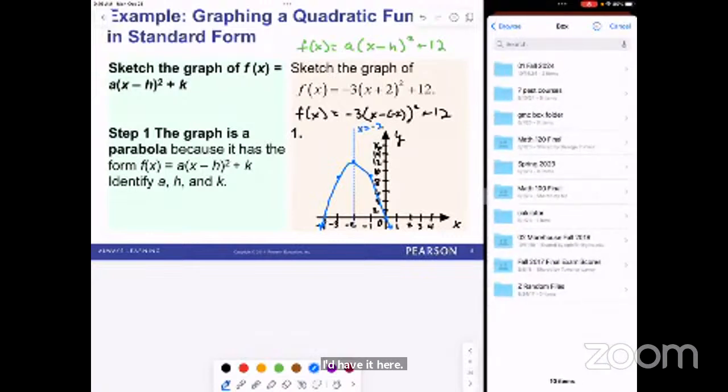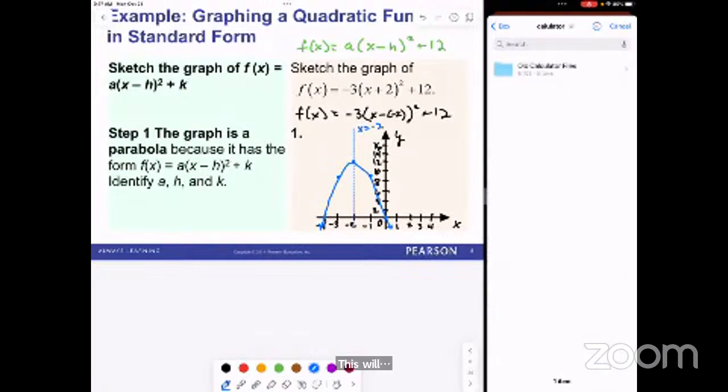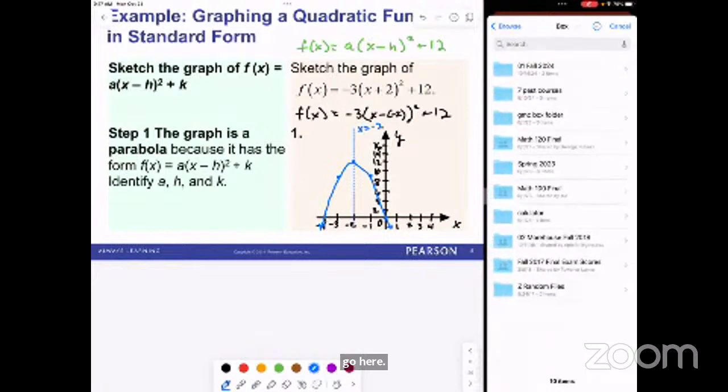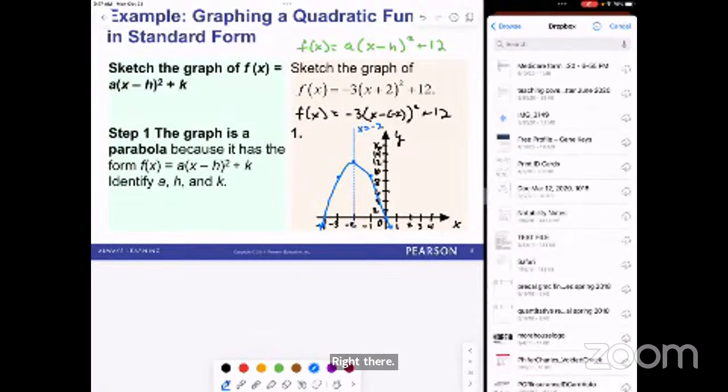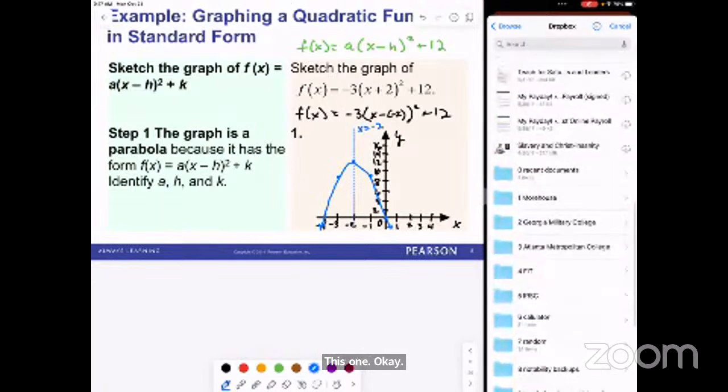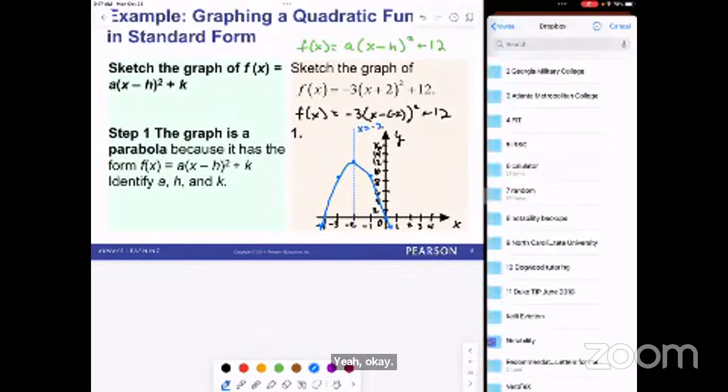Thought I moved it, but I guess I hadn't. Because if it's not here, I got another place it could be. Okay, that's okay. I go here. Oh, where is that folder? Right there. This one. Okay. Yeah. Okay. All right. So we got our emulator file.